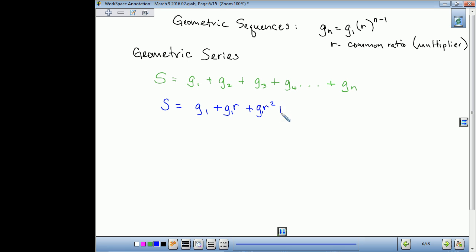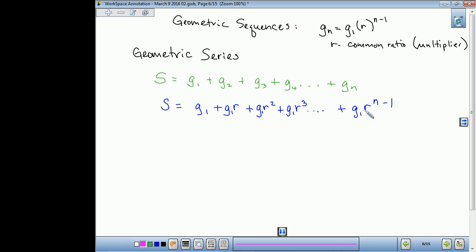And then the fourth term, wouldn't we multiply by another common ratio? So it would be g sub 1 times r to the third. And do we notice that these r's are always one less? Yes. So when we get down here to the end, it would be g sub 1 times r to the what? n minus 1.